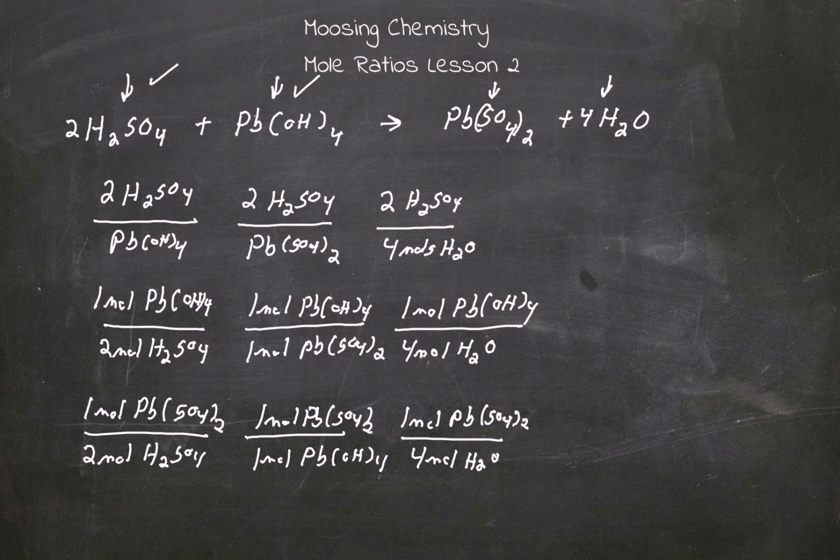Now you think you're done, but nope, we've got 1 more to go. So in essence, you're actually making 12 possible ratios.